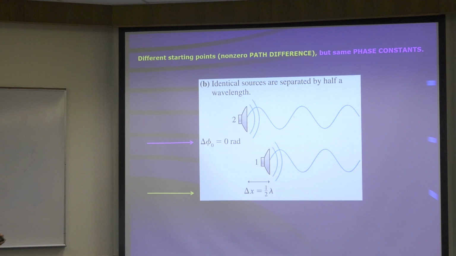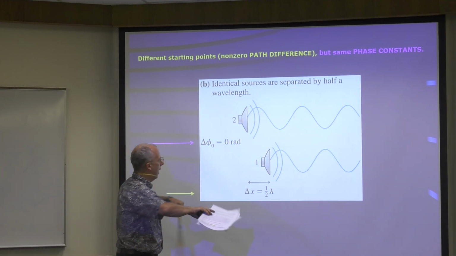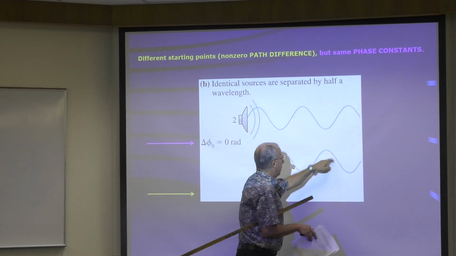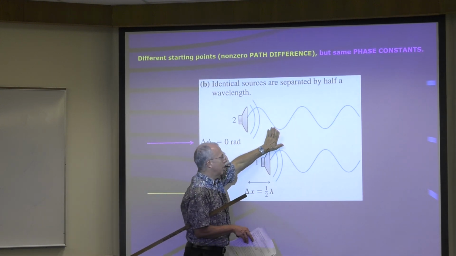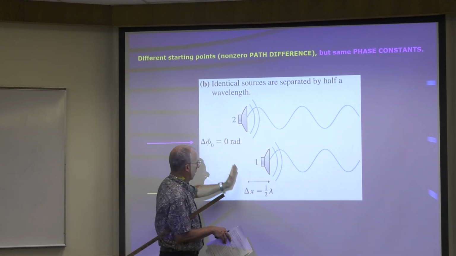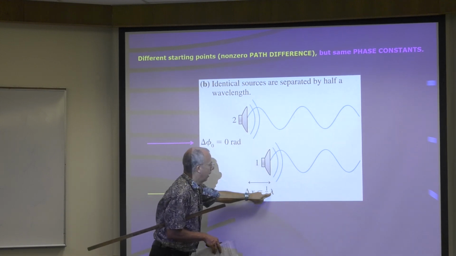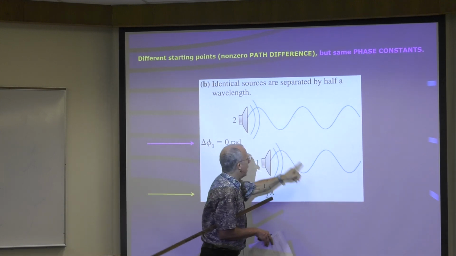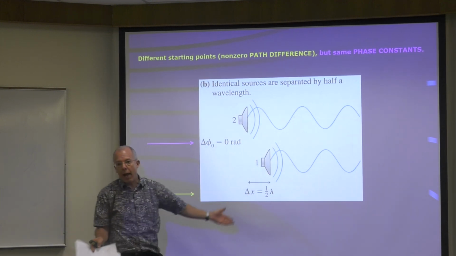Okay, here's another way. This time, let's say it has the same phase constant, right? So they're both nice sine. Both sine. So that's the same phase constant, but let's make a path difference. Let's start this guy out here, and this guy here. So it's like a half wavelength. Well, if we have the same sine wave, but they're a half wavelength apart, what's going to happen?